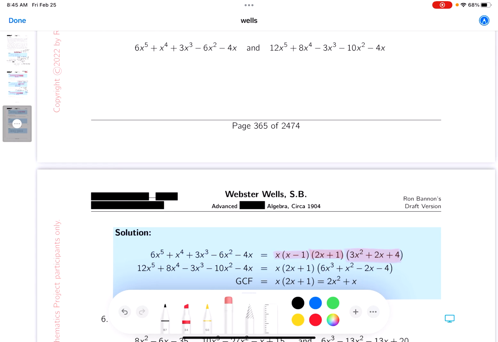What am I going to do with the second one? Same story. What I'll be doing over here is factoring out an x. What do you get? You get 12x^4 plus 8x^3 minus 3x^2 minus 10x minus 4.